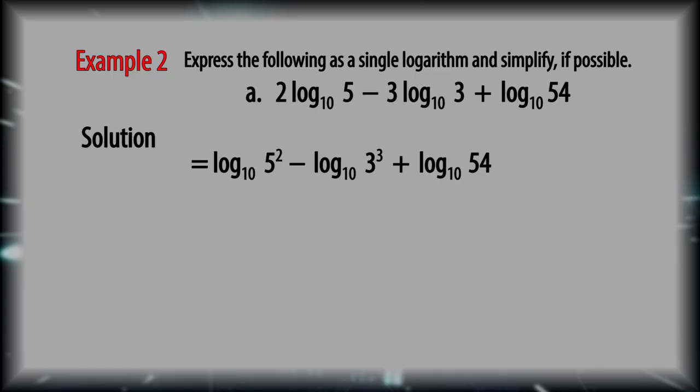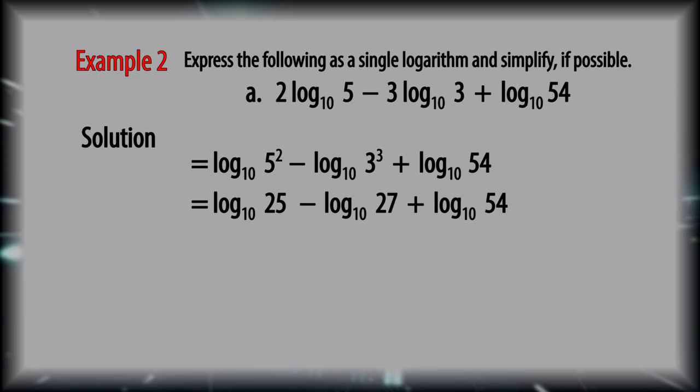So we have 2 log base 10 of 5 minus 3 log base 10 of 3 plus log base 10 of 54 to become log base 10 of 5 squared minus log base 10 of 3 cubed plus log base 10 of 54. That gives us log base 10 of 25 minus log base 10 of 27 plus log base 10 of 54.